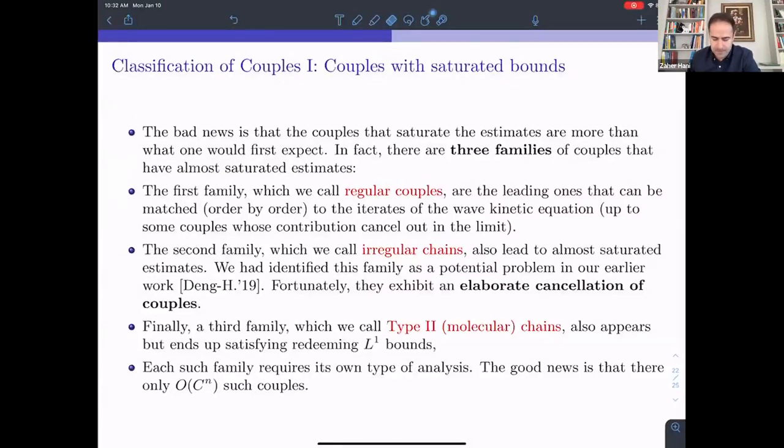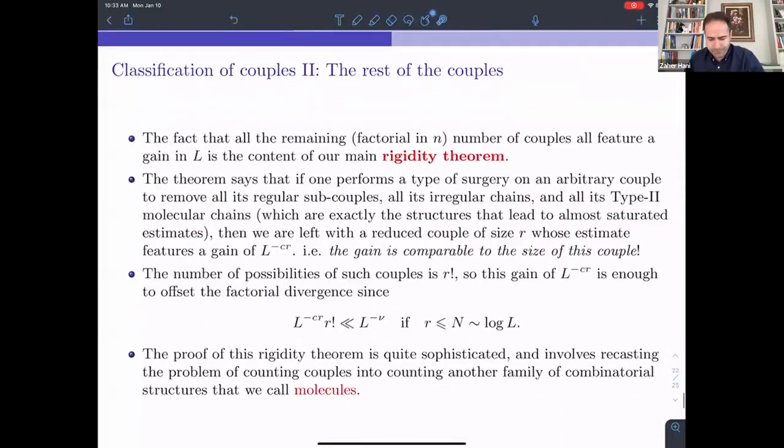There's a cancellation that happens in the couples. And finally, there's a third family that I don't have time to explain to you, but it also features some redeeming bounds, but not a cancellation. So the cancellation is in the second family. The good news is that there's indeed only exponentially many such couples. There are only exponentially many such diagrams.